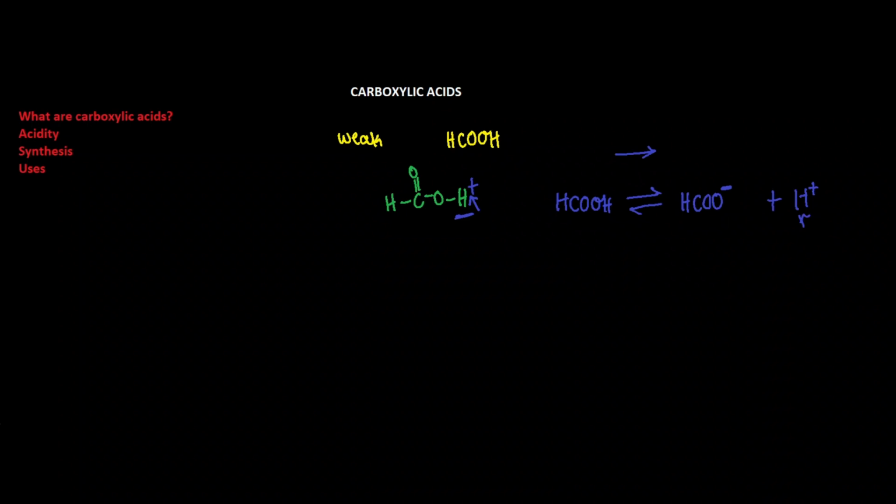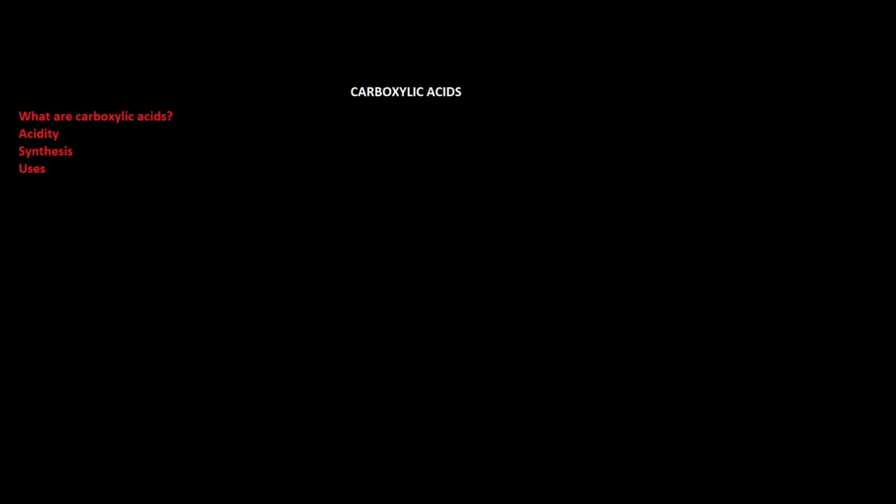Okay, now let's move on to the synthesis of carboxylic acids. Carboxylic acids are synthesized by the oxidation of alcohols or aldehydes. Now, the process starts like this. Take for example, we have methane, which is an alkane, with the formula CH4.